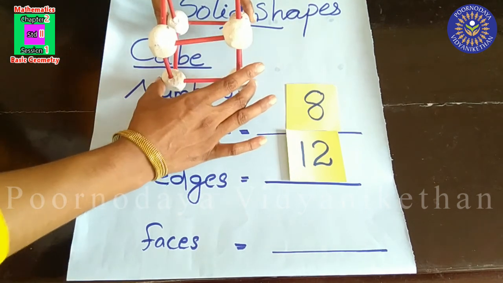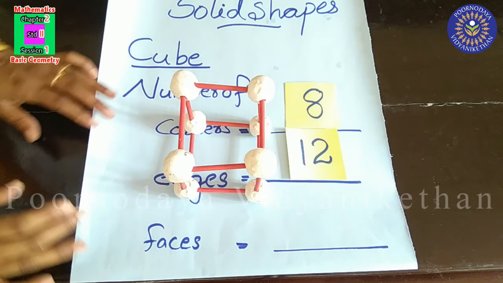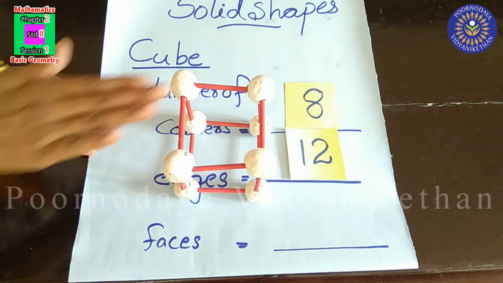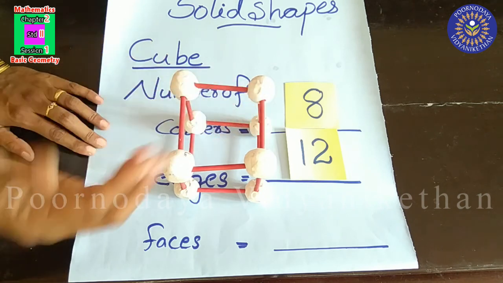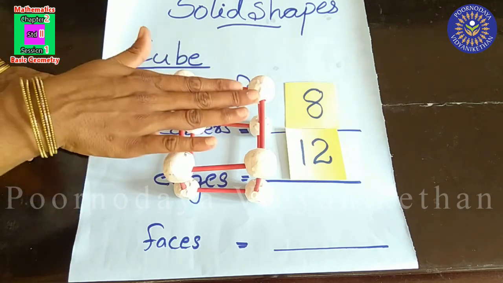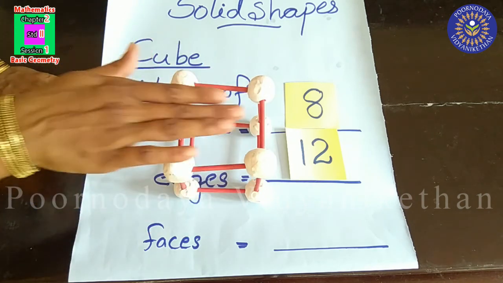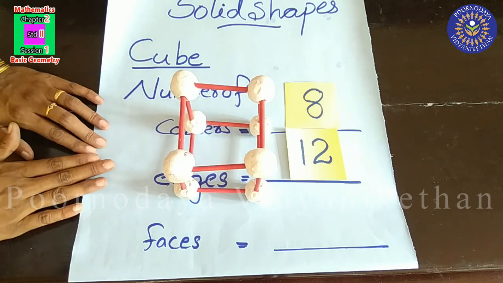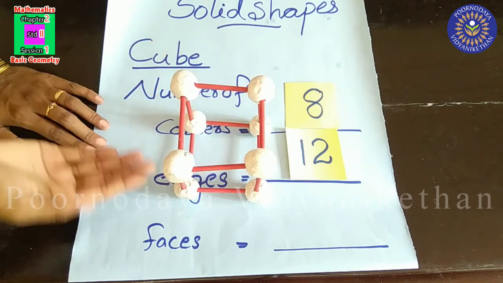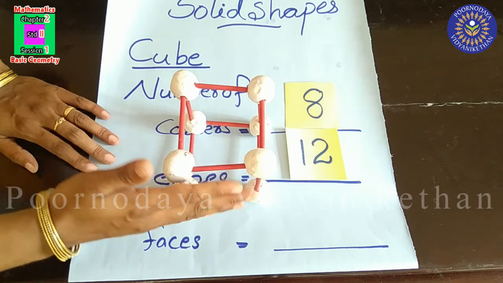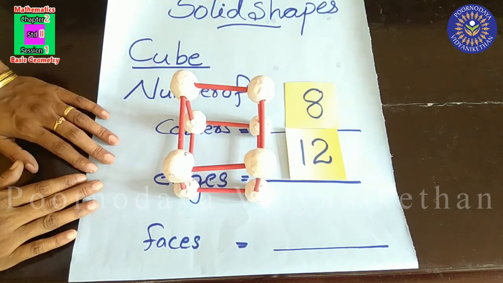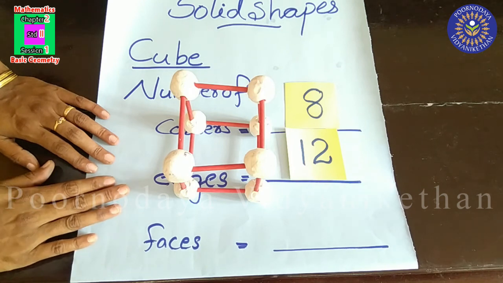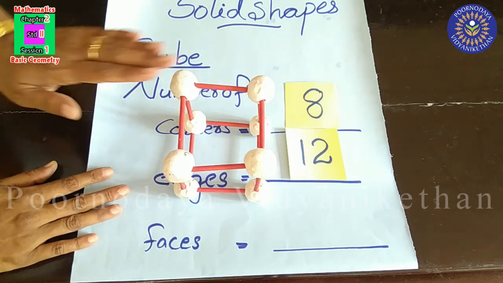Clear? Next we are going to count the number of faces. We know a flat surface is known as a face. Up and down, there are 2 flat surfaces, the top and bottom. So 1, 2, 3, 4, 5, 6. Altogether, 6 faces.